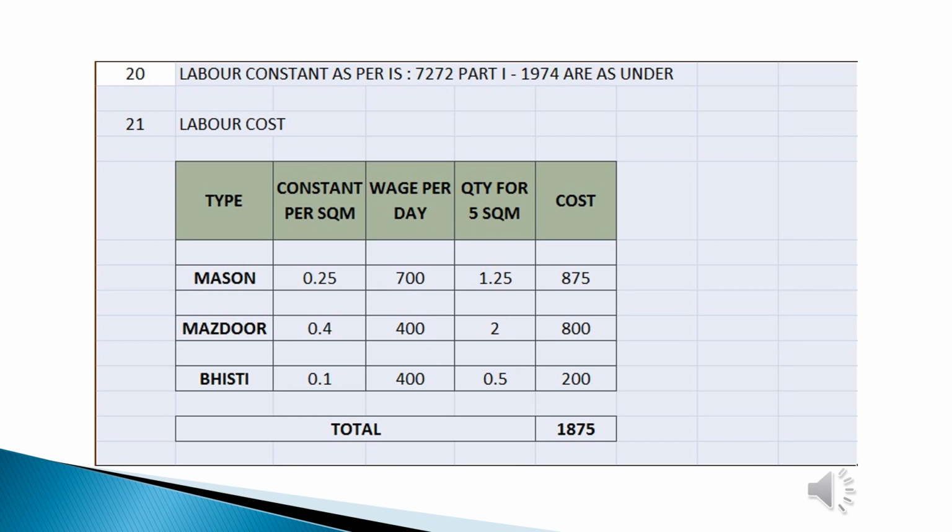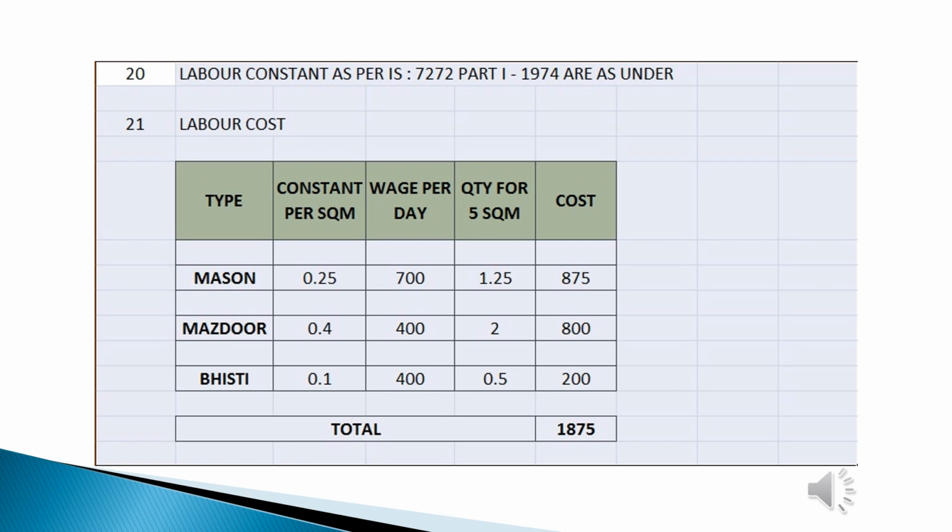Now labor constants we have picked up from IS 7272 part 1, 1974. Now the labor constant for mason is 0.25, for mazdoor it is 0.4, and for bisti it is 0.1. Now wage per day for mason is 700, for mazdoor it is 400, and for bisti it is 400.